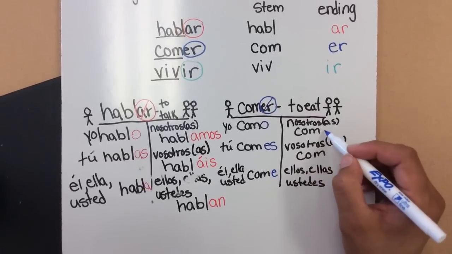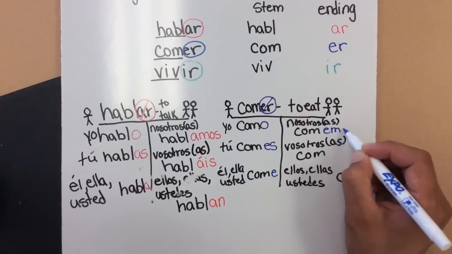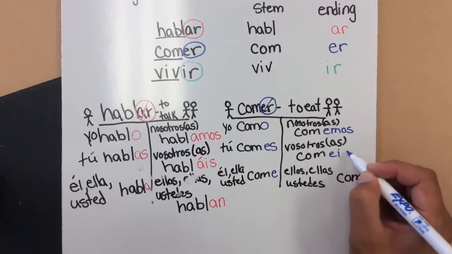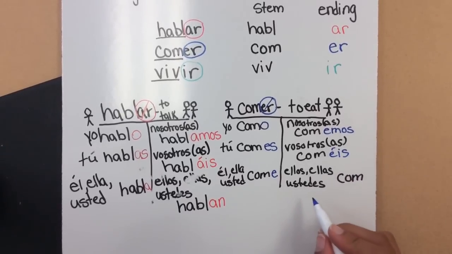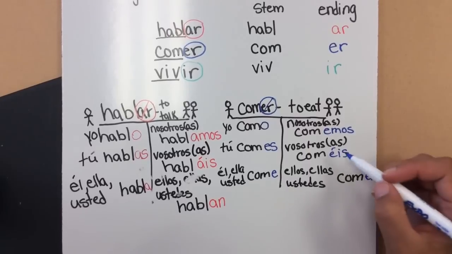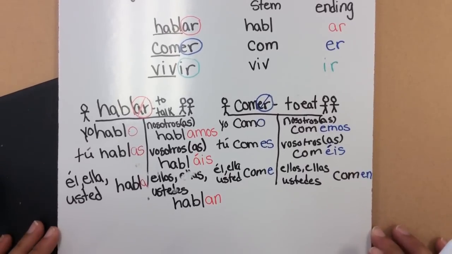Nosotros, nosotras is emos. Vosotros, vosotras is éis. And ellos, ellas, and ustedes is en. Notice the accent above the E. Don't forget that accent. Okay?